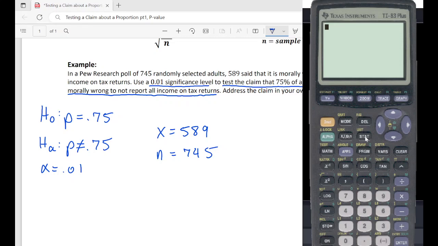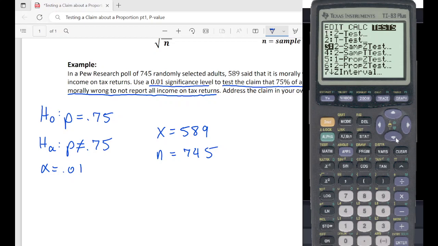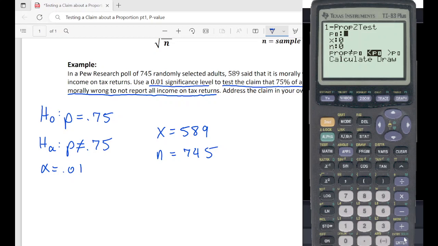To do that, you're going to go to Stat, over to Tests, and scroll down to 1-PropZTest and hit Enter. And we're going to key in everything here. We need a p naught value, and that's actually going to come from our hypothesis.